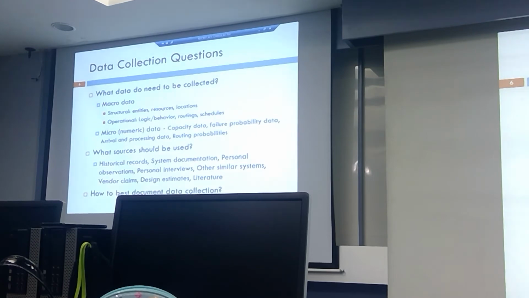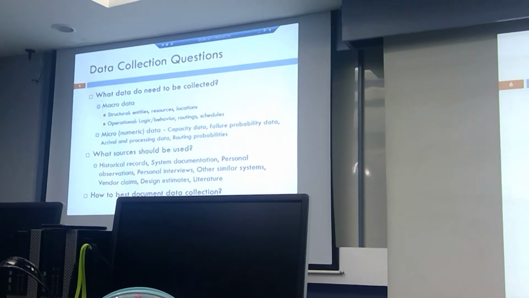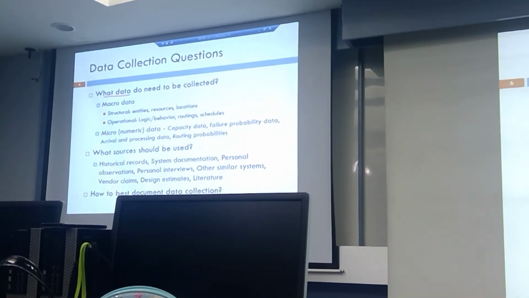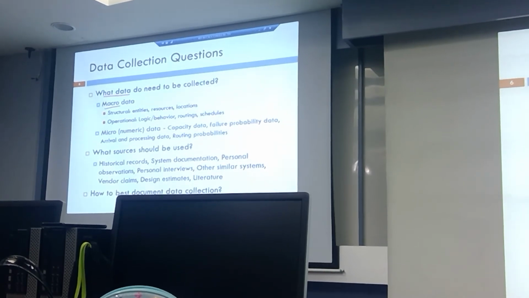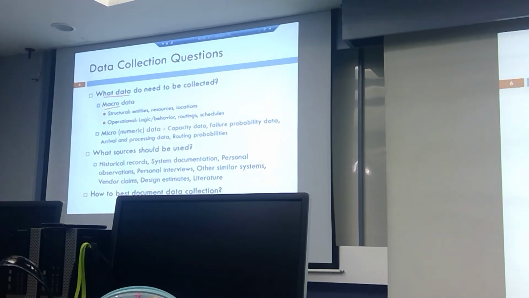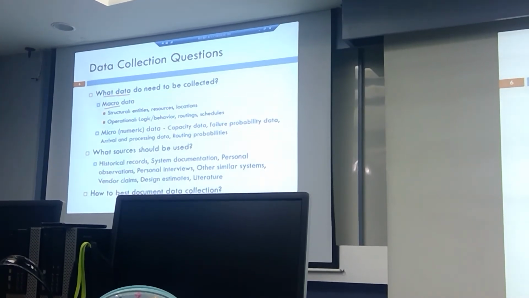Okay, for the data collection question, this one we went through before. First of all, you have to know what data or what information you're trying to collect, right? So macro data, that's more structural. Identify the entity, resource, location, flow, operational logic that you have, the routing and the scheduling.